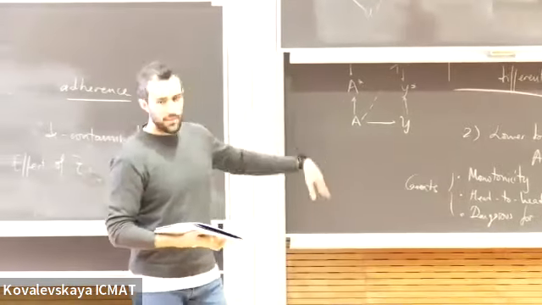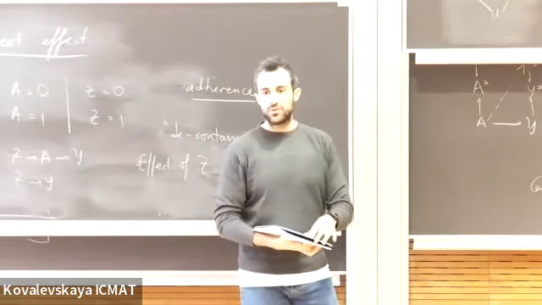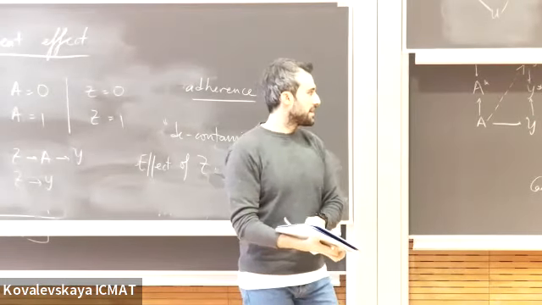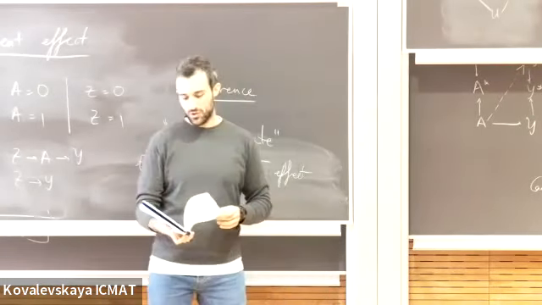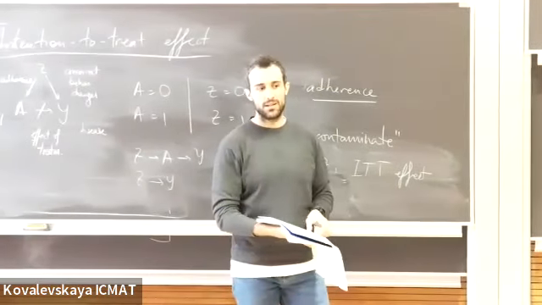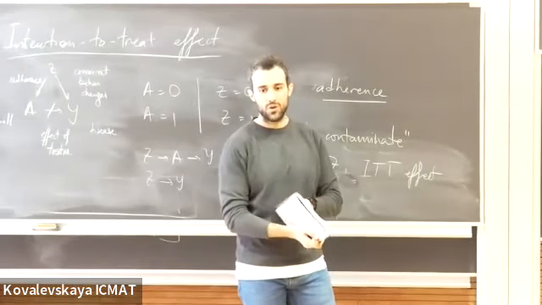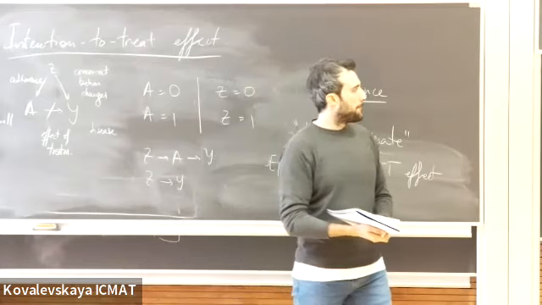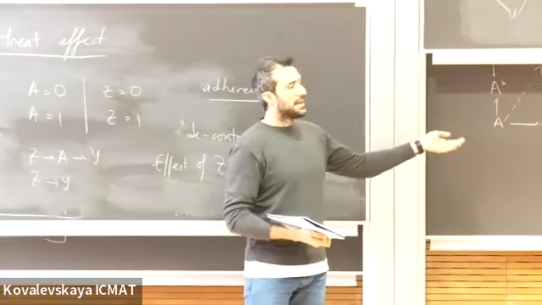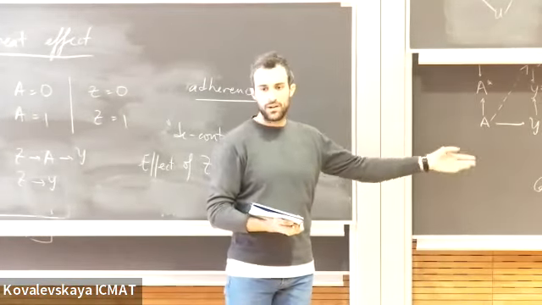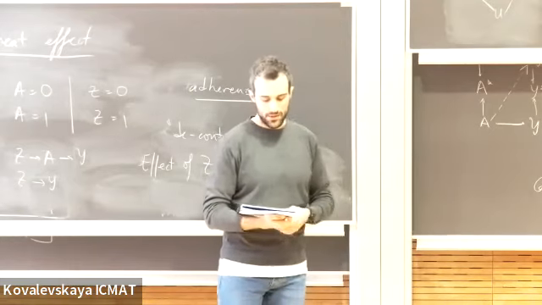So again, they provide like 2 or 3 pages trying to justify why it is interesting to study the intention to treat effect instead of the actual treatment causal effect on the outcome. But again, it's fairly limited. You have to pay very close attention to all of these matters.